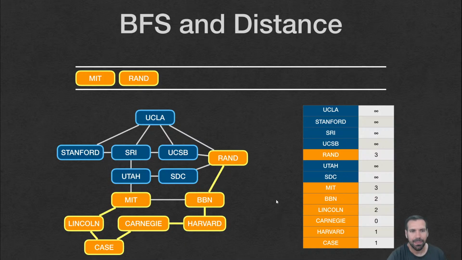And notice what's happening with the order of the nodes here. We just visited BBN. We visited Lincoln and BBN, our 2 nodes of distance 2. And after all of the nodes of distance 2, at the front of the queue, we have a node of distance 3. The fact that we're using a queue guarantees that we will visit the nodes exactly in distance order.